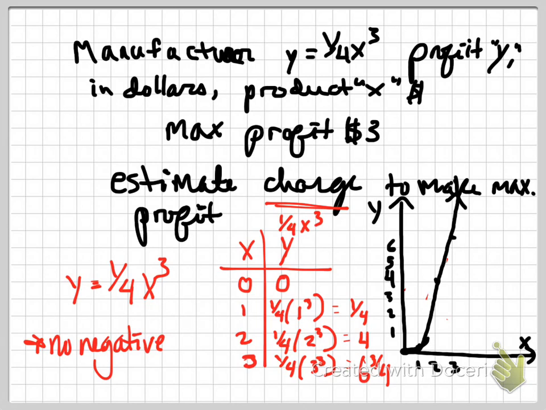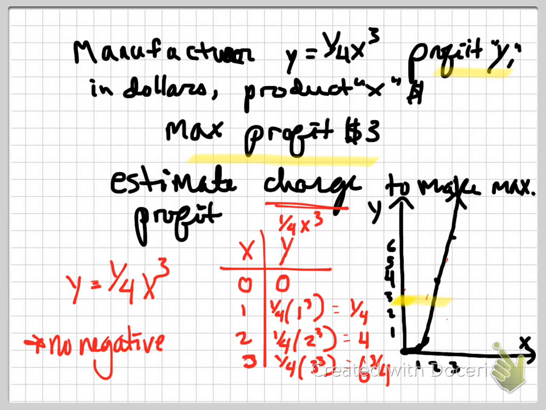Alright, so now the question is, looking at this graph, when y is 3, x is more than 2 but less than 3. We're wanting to know max profit is 3, right?